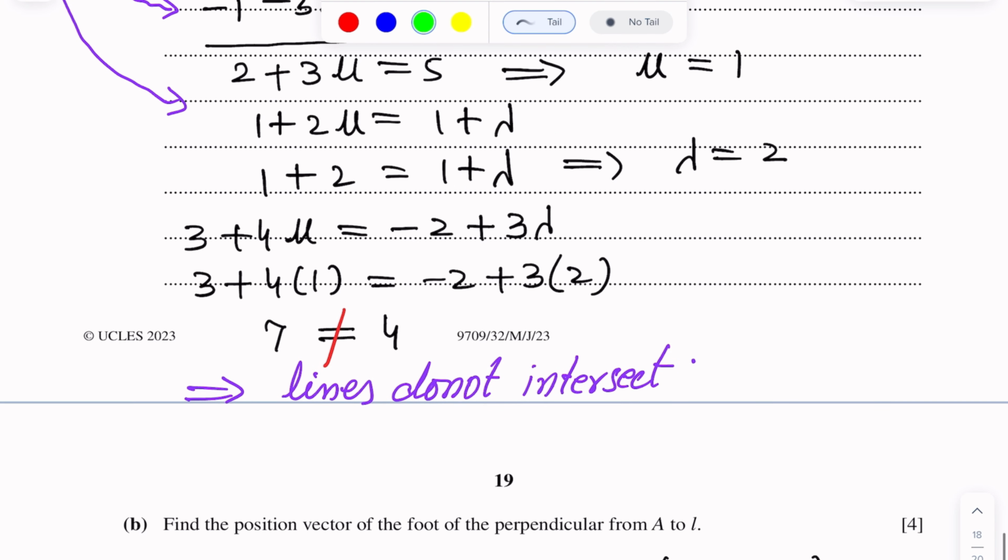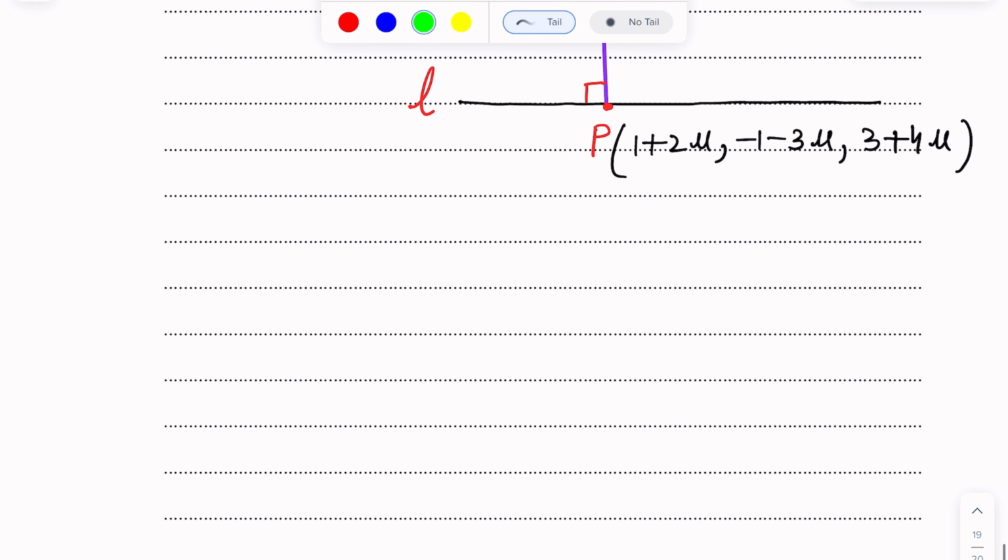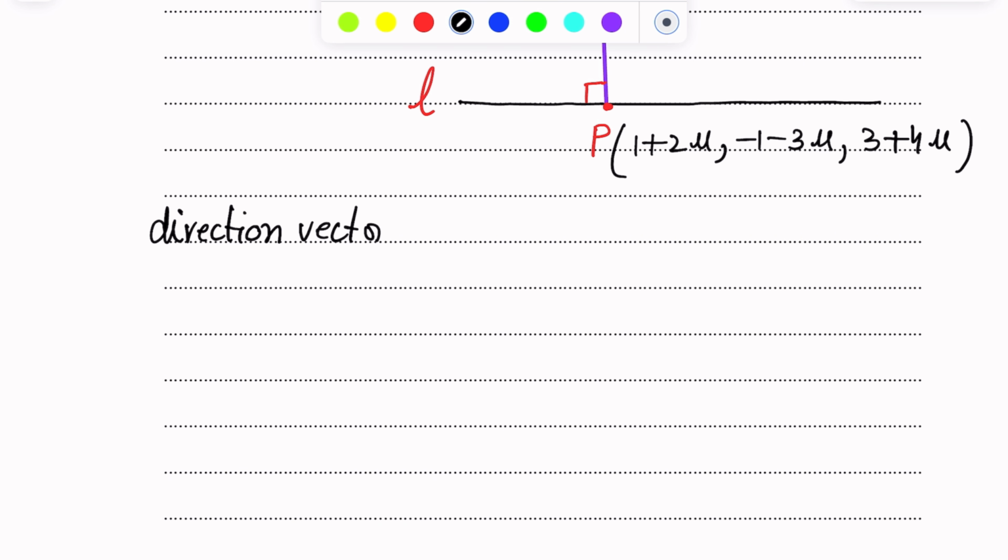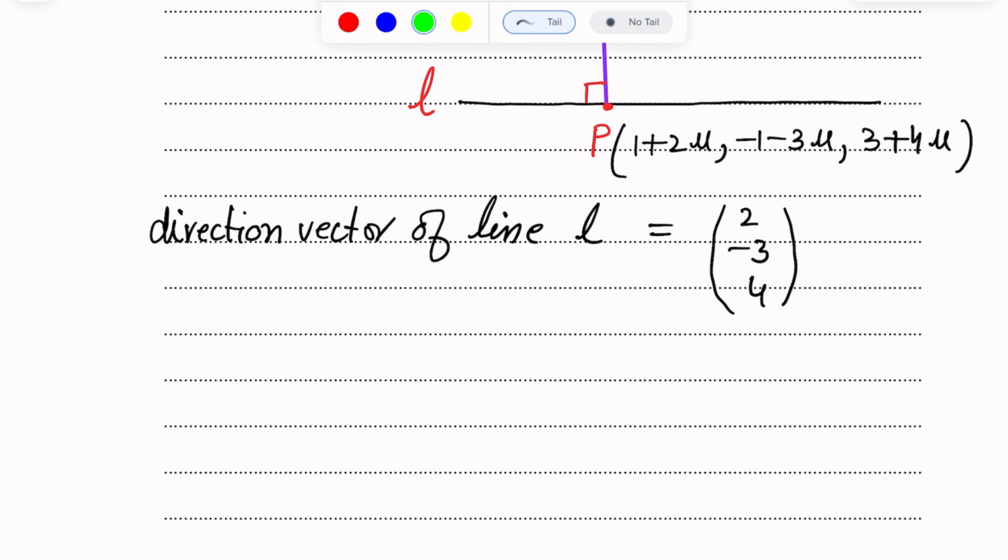So we can write the direction vector of line L as 2, minus 3, 4. We can write the vector in this column form.